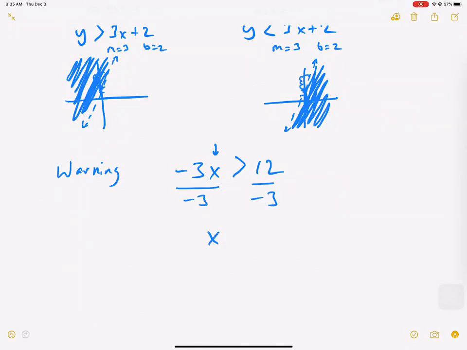And if you remember, something happened to our inequality when I multiply or divide across by a negative sign. Remember, this always works for multiplication and division, and we have to flip the inequality. We flip our inequalities when we divide or multiply by a negative.